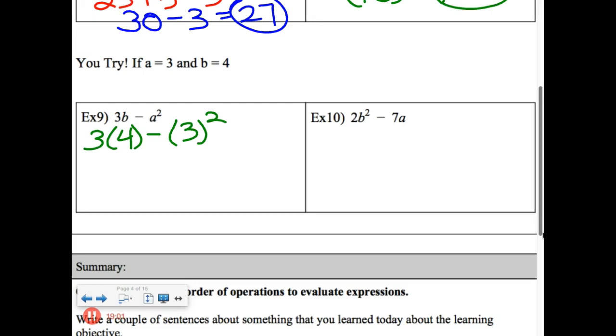Reminder again, that means 3 times 3, which we know is 9. This stuff we haven't done anything quite yet, so I'm going to have minus 9. Our next step now, I have a multiplication, I have a subtraction, so I'm going to do that multiplication first. I have 3 times 4, which is 12, and then I have that minus 9, and we know 12 minus 9 is going to give us 3.